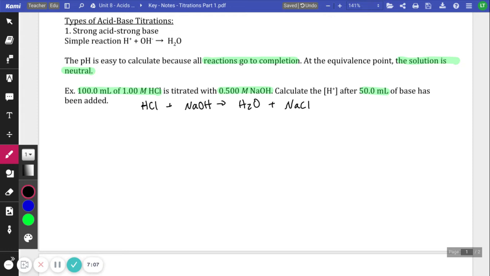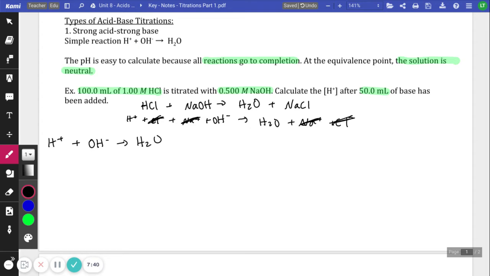So in our complete ionic equation we have H+ plus Cl- plus Na+ plus OH- yields H2O, which is not going to break apart, plus Na+ plus Cl-. We cross off what's on both sides. Na and Cl are on both sides exactly the same, and we're left with our net ionic equation: hydrogen plus hydroxide yields H2O.